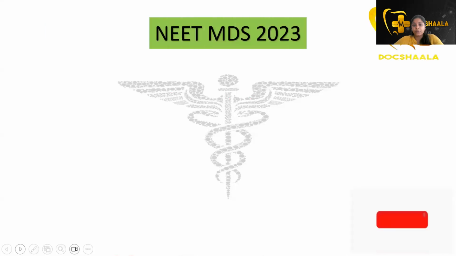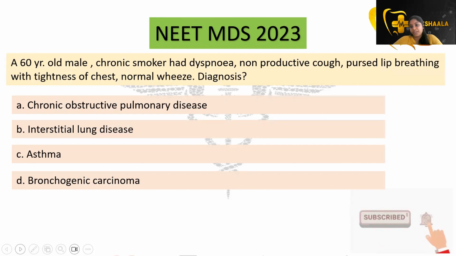Then the question that was given in NEET MDS was, it is again a case-based scenario. So a 60-year-old male chronic smoker had dyspnea, that is breathlessness, non-productive cough, and pursed lip breathing with tightness of chest, normal wheeze. Diagnosis is. So since it is a male patient who is a geriatric patient, we have to look for the thing which is occurring in geriatric patients.